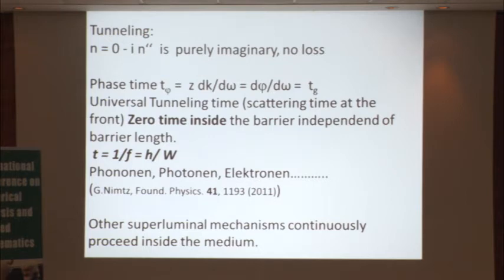And the phase time, which was introduced by Wigner, is used nowadays to calculate or to measure the time in the case of an imaginary wave number, as we have in the case of tunneling. That gives you a zero time inside the barrier, whereas in all the other mechanisms, you have an interaction as long as you are in your medium.